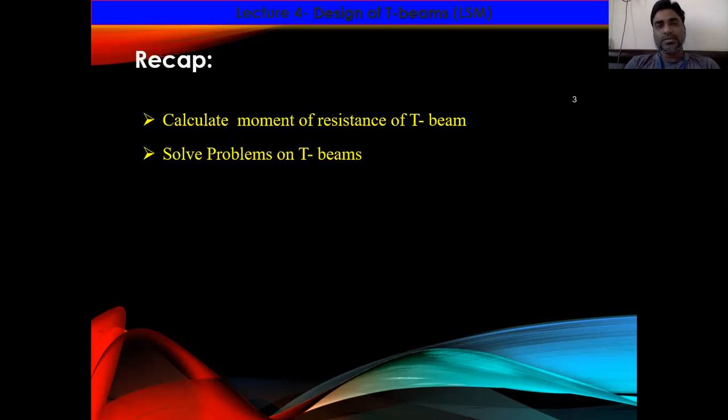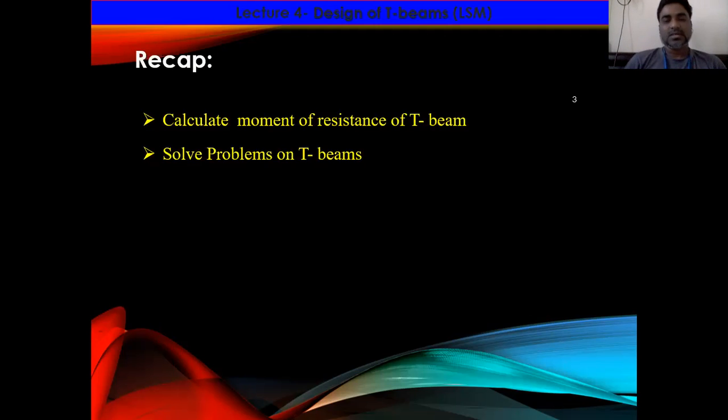Before going to discuss today's lecture, I would like to recap what we discussed in the last class. In the last class, we solved some example problems, that means different types of problems, right? Based upon the given data, we need to determine the depth of neutral axis.